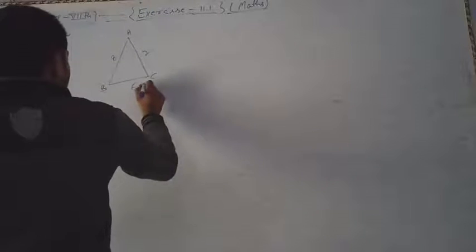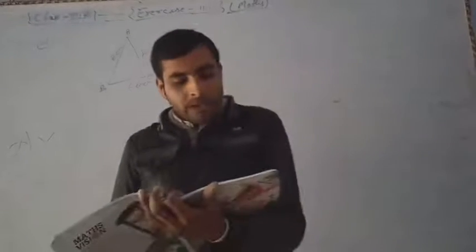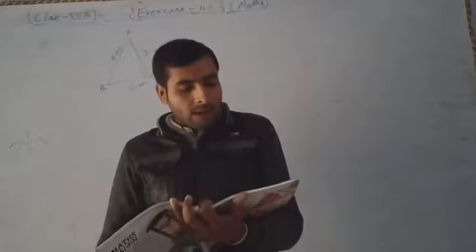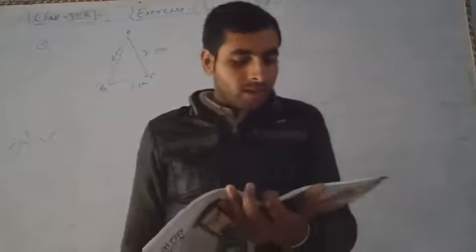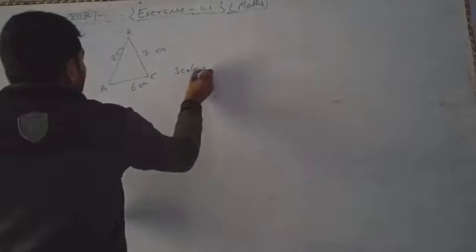This is 8 cm, this is 7 cm, and this is 6 cm. On the basis of sides we have to name the triangle. This type of triangle is known as a scalene triangle, because in this triangle no two sides are the same.